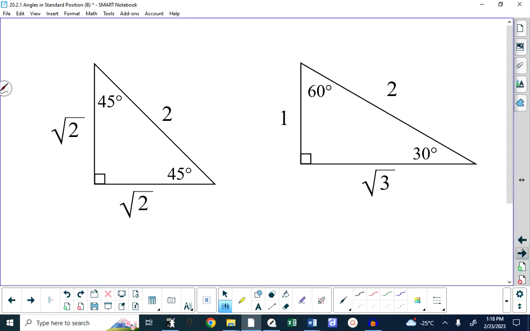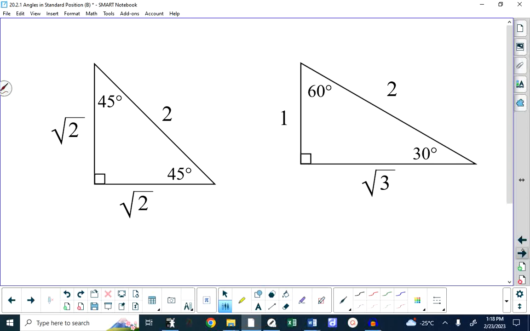This one's pretty easy to remember, the one on the left. And the one on the right isn't that bad. You just have to know if the hypotenuse is 2, the shortest side is half of that. And then probably by the time you start writing out the Pythagorean statement, you go, oh yeah, right, it's root 3. You might remember that. And by Math 30-1 you will memorize these in a different way though.